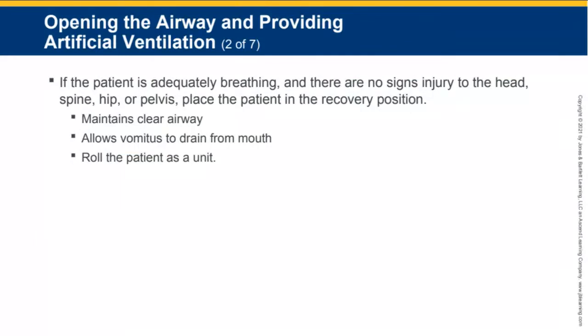Still on opening the airway and providing artificial ventilation. If the patient is adequately breathing and there are no signs of injury to the head, spine, hip, or pelvis, place the patient in the recovery position. You're going to turn the patient on their side. The recovery position maintains a clear airway and it allows vomitus to drain from the mouth. Roll the patient as a unit.